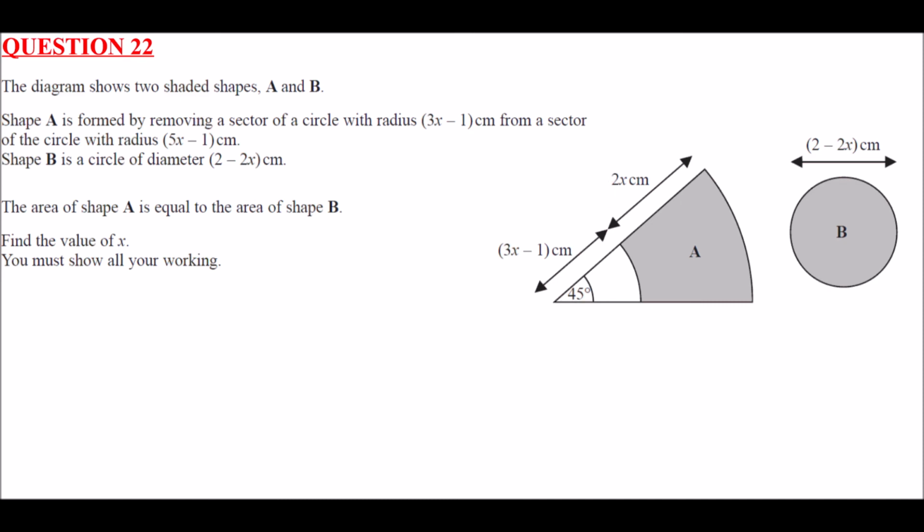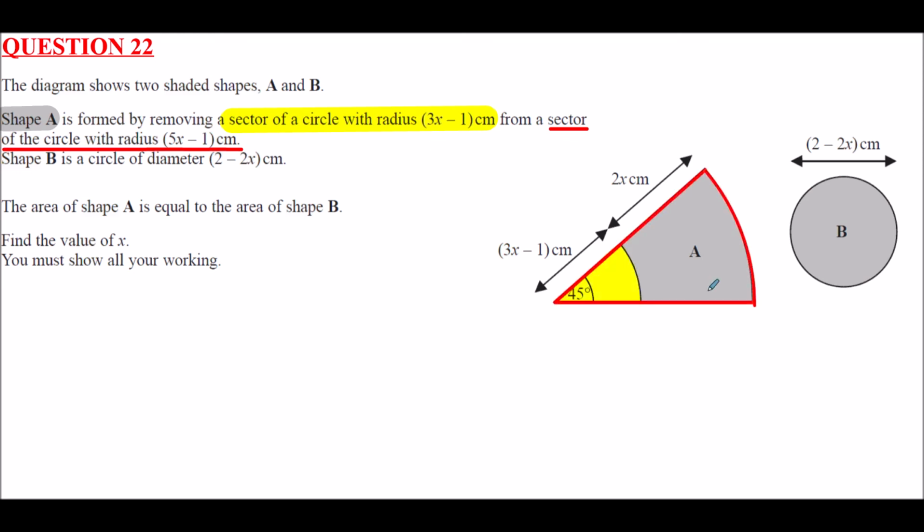So let's just think about this for a moment. Shape A, this grey thing, is formed by removing a sector of a circle with radius 3x minus 1, this inner tiny slice there, from the whole sector here, which I'm going to outline in red. So essentially A is formed by taking the whole of the red sector and subtracting from that this tiny inner yellow sector.